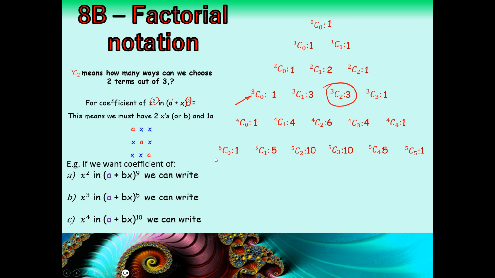Now we need to understand and evaluate these without a calculator at some point, for small values. Notice 3 choose 0, 4 choose 0, 5 choose 0 are always 1, and on the other side 3 choose 3 is always 1, 4 choose 4 is always 1, because there is no other way of writing it.